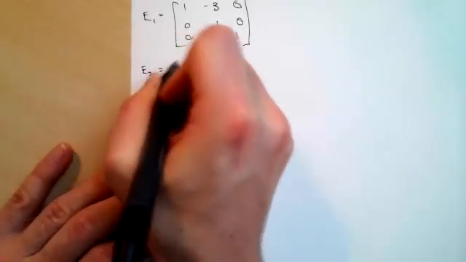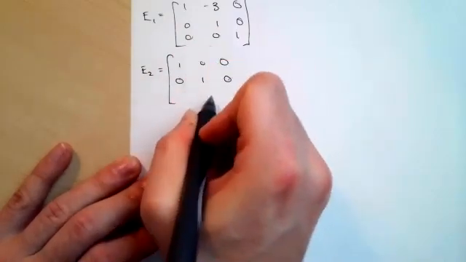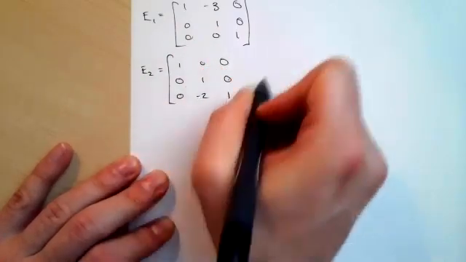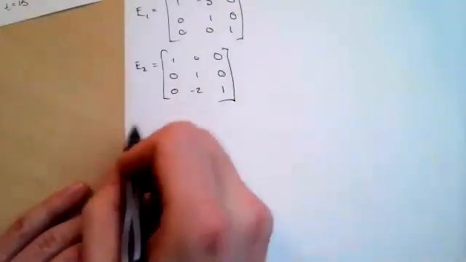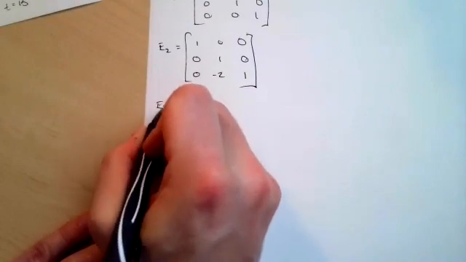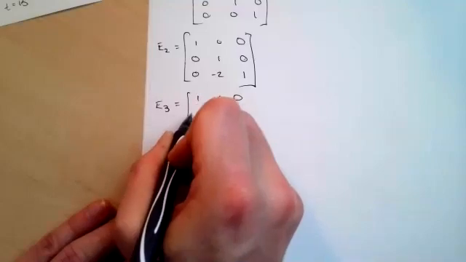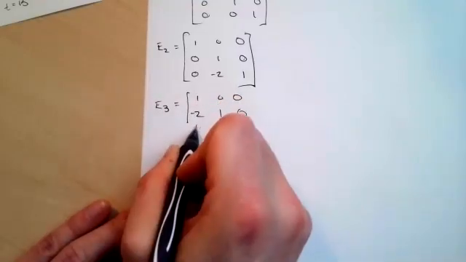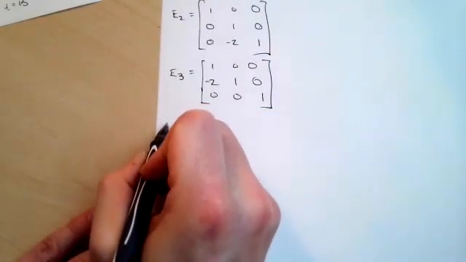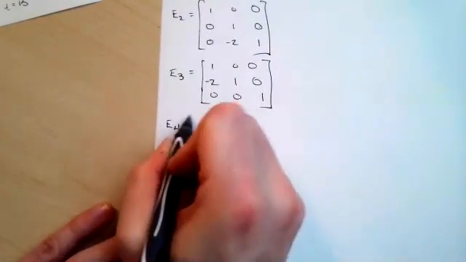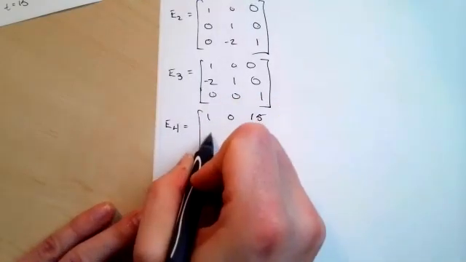Our second operation, 1 here. Looks like I missed it on that other page. Our E3 was minus 2 there. And then our E4 now had a 15.